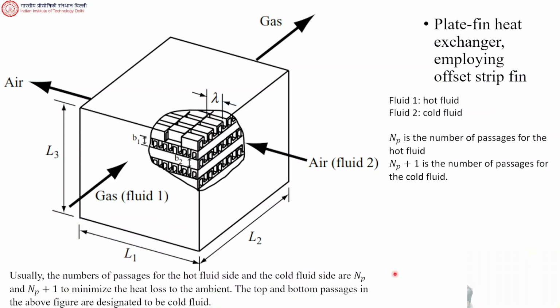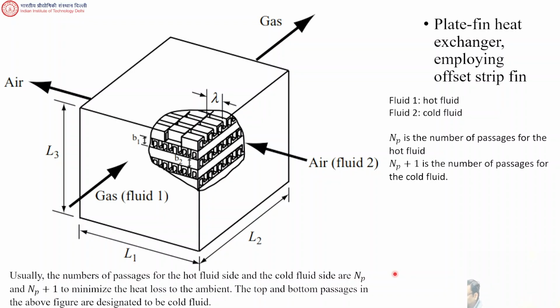What flows in the top layer from this figure? Top layer. Now you have this box. So top layer, what is flowing? Air, which is a cold fluid, right? Top layer is a cold fluid, and the bottommost layer will be a cold fluid, right? And in between, you have these hot fluid passages. So the number of passages for the hot fluid and the number of passages for the cold fluid will not be the same. Correct?